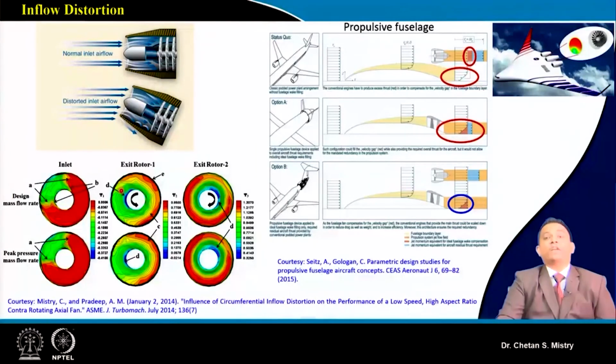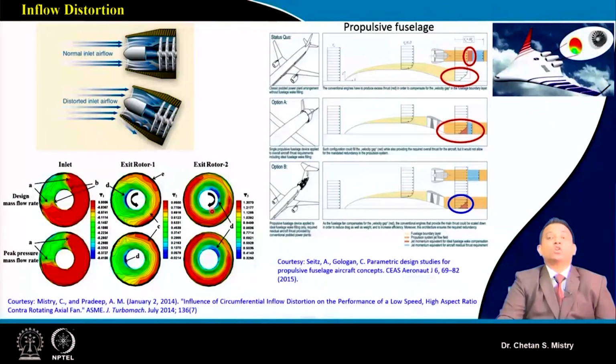Now let me tell you, in a conventional stage with a rotor and stator, what comes out of the rotor strikes the stator. Here, because of rotation, the distortion moves in the direction of rotation of rotor 1.